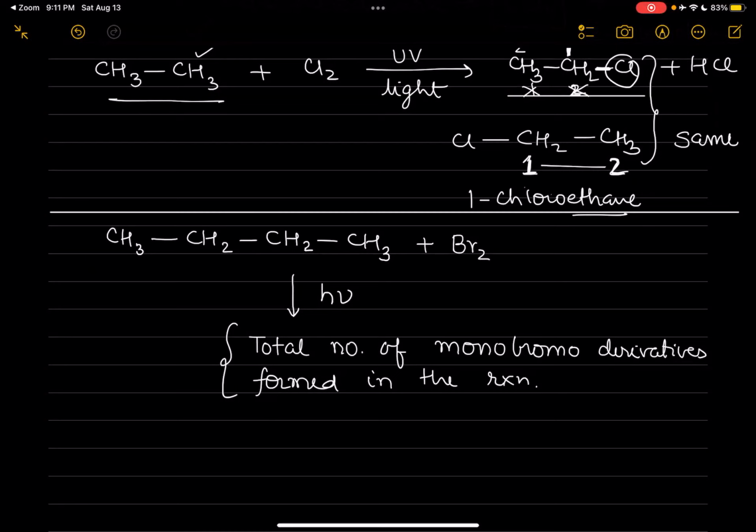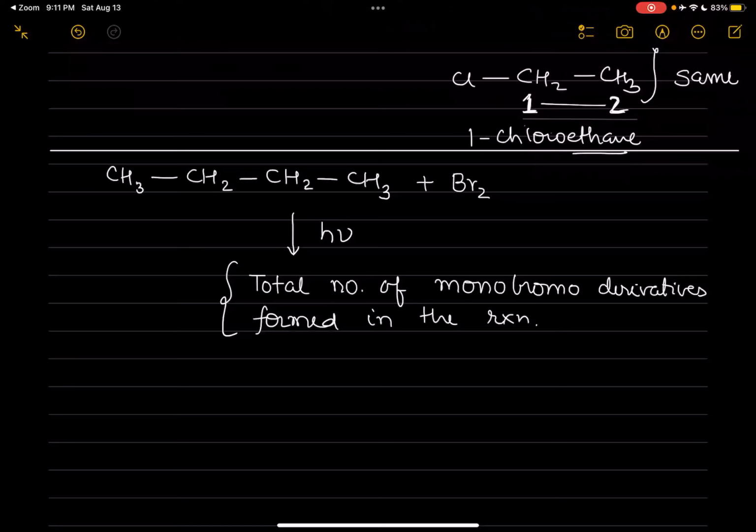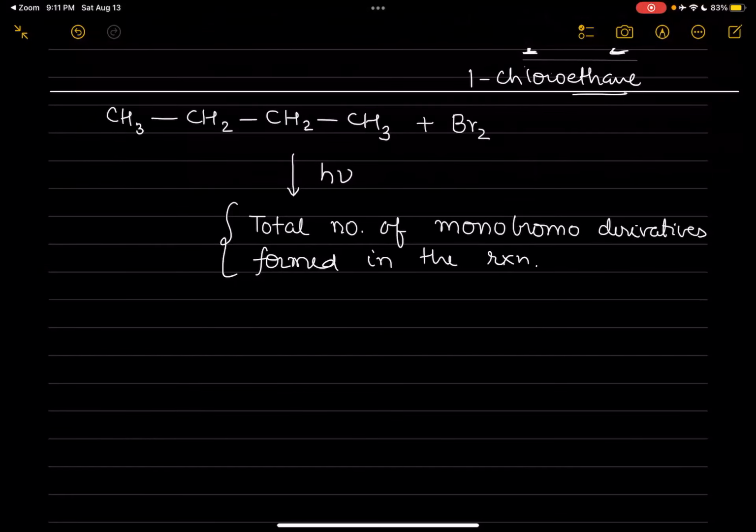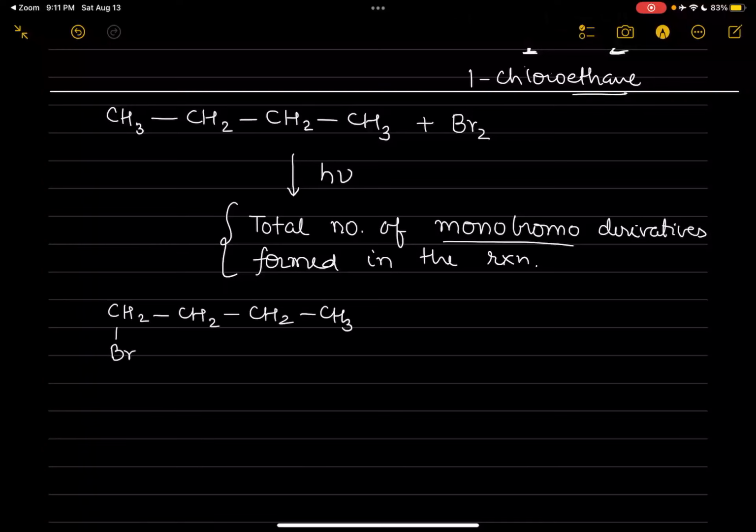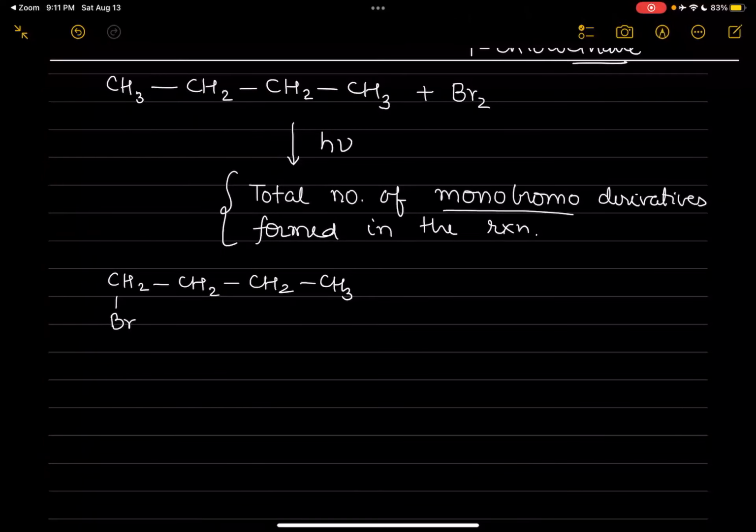Mohammed, you can give it a try. How many will form? You need to connect only one bromine. So what I did, I connected bromine to the left carbon. I connected bromine to the second carbon, right?